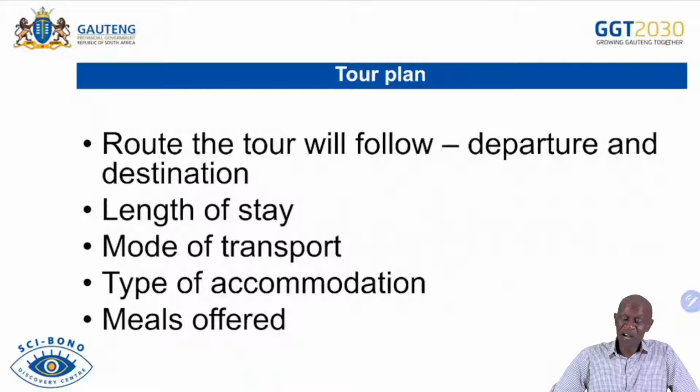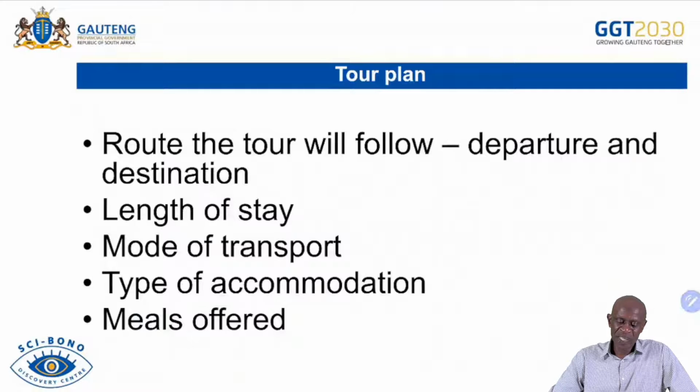The type of accommodation. There are different kinds of accommodation, ranging from cheap ones to the most luxurious and expensive ones. So depending on your budget, depending on your finances, you'll be able to choose the kind of accommodation.